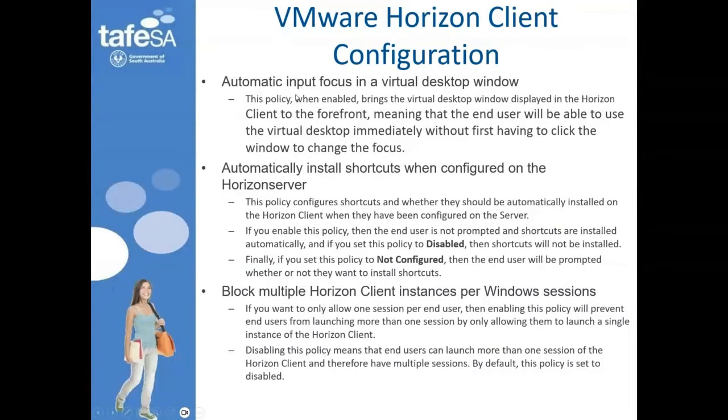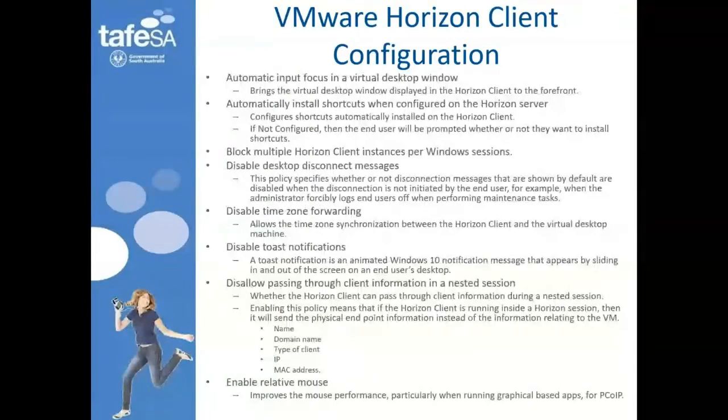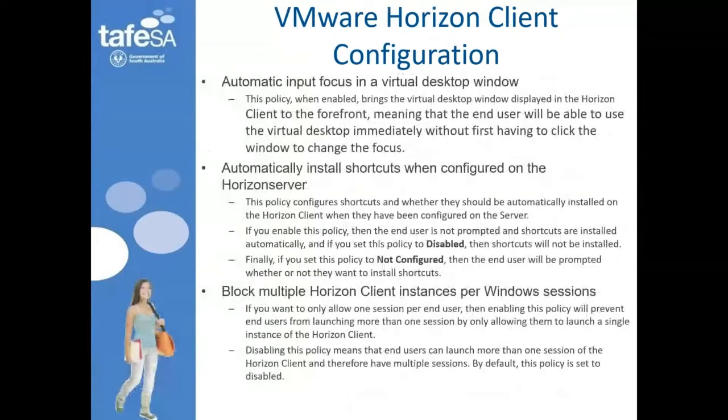All right, so there's automatic input focus in the virtual window. Sorry, I just noticed that the size of the fonts is weird, right? I'll fix that up a little bit later. So this policy, when enabled, brings the virtual desktop window display in the Horizon client to the forefront.